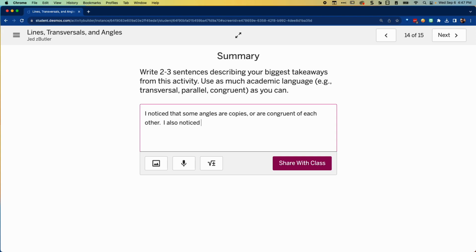I also noticed that sometimes the pair of angles are one big, obtuse, and one small, acute. It wasn't always the inside or the outside or all those different kinds of things. Sometimes they matched and sometimes they didn't. There are also angles that add up to 180, like a linear pair. I saw that a few times too.